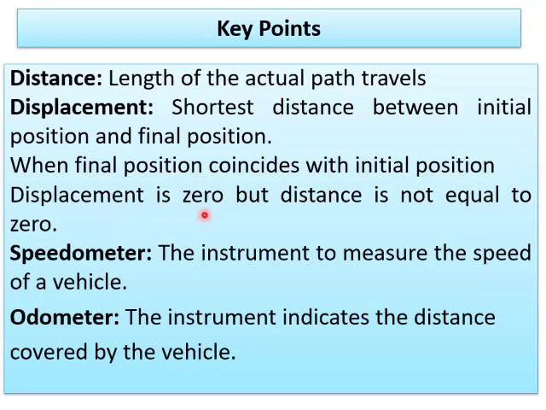Displacement becomes zero because according to the definition, but distance is not equal to zero according to definition. Speedometer is an instrument to measure the speed of a vehicle, and odometer is an instrument which gives the distance covered by the vehicle in the journey.